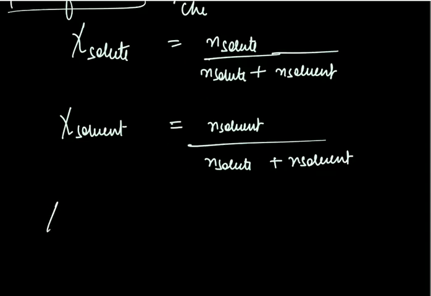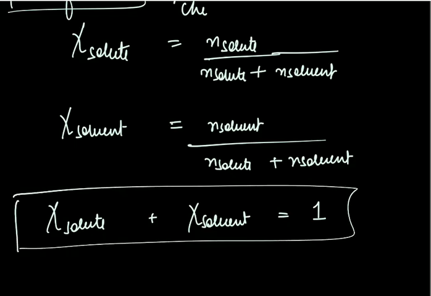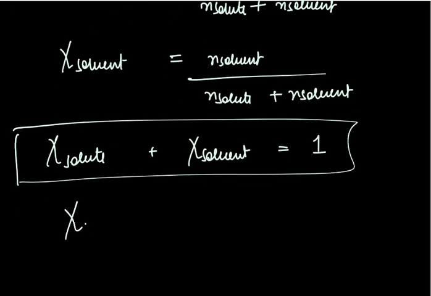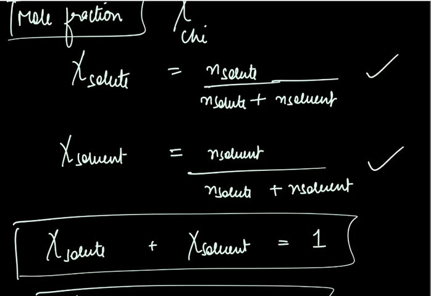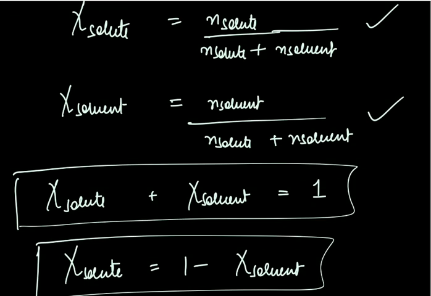So remember one thing, mole fraction of solute plus mole fraction of solvent is always equal to unity. You have to remember this. So if I have calculated mole fraction of solute or solvent, 1 minus mole fraction of solvent, you will get the other mole fraction. You don't need to separately do these two steps. One step you have done, subtracted from one, you will get the other value also.